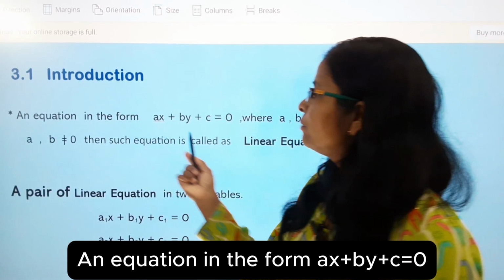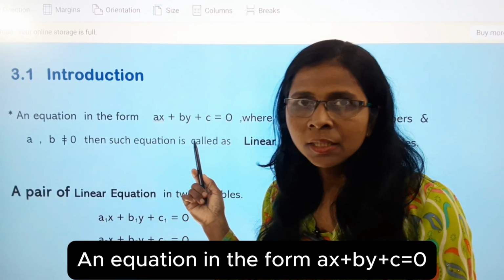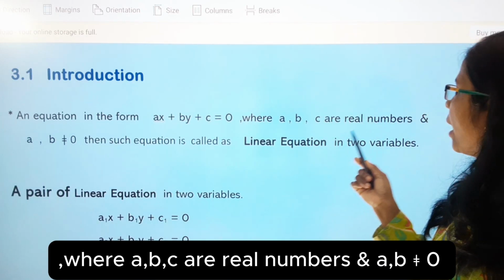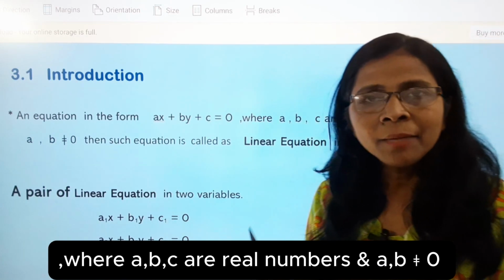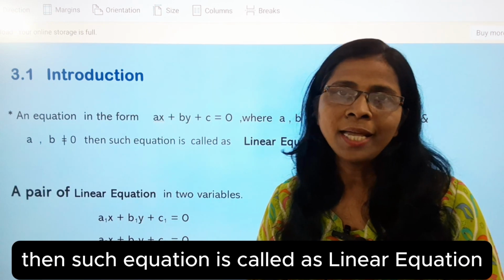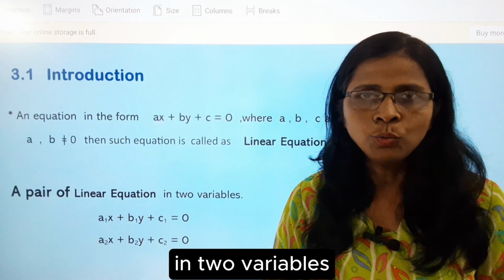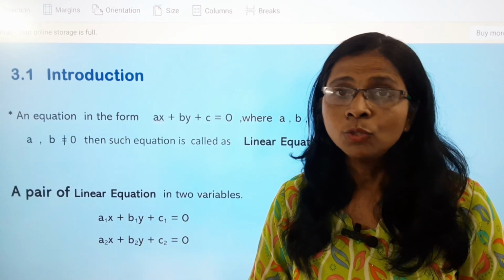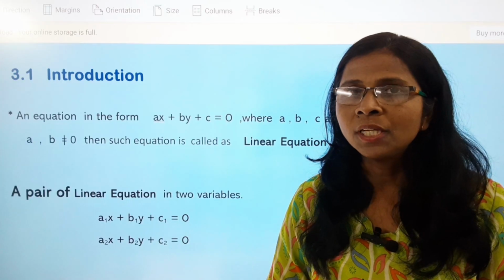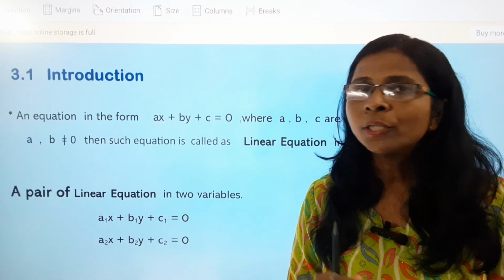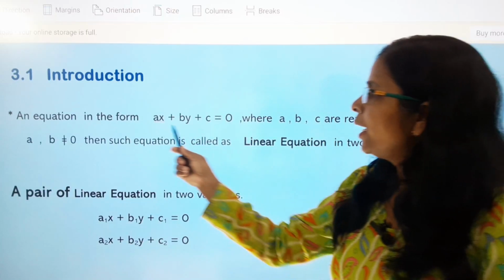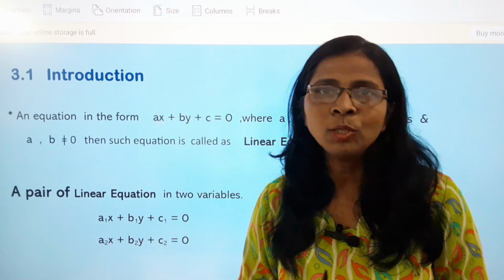An equation in the form ax plus by plus c is equal to 0, where a, b, c are real numbers and a, b are not equal to 0, is called a linear equation in two variables. Here in this definition, there is a general formula, ax plus by plus c is equal to 0.